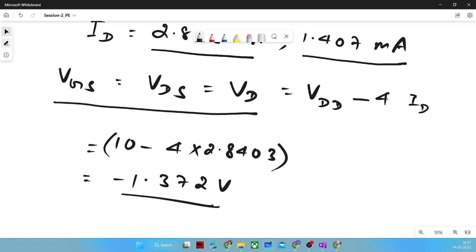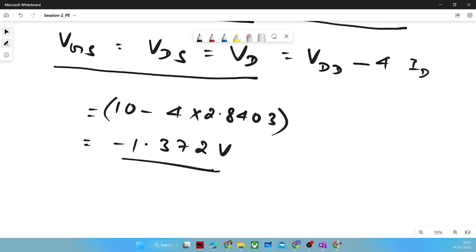Can you accept it or should you discard it? For N-channel, negative gate voltage cannot be taken. Perfect, this is correct, it is going to be ignored, because if VGS is negative, then our MOSFET will not form a channel and it will not conduct.